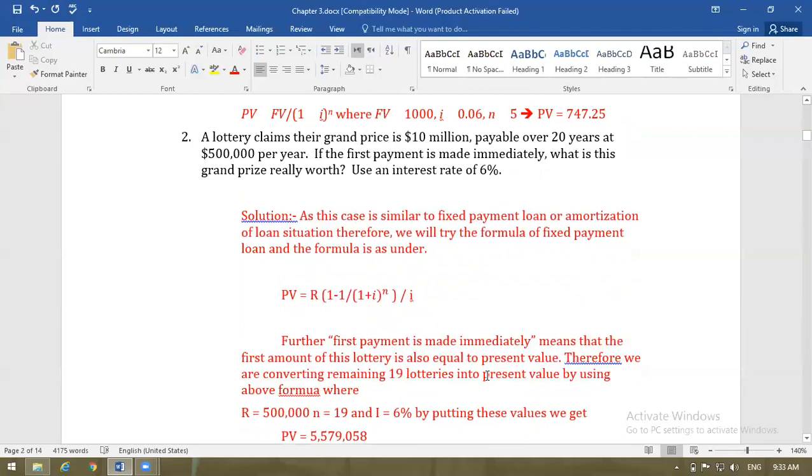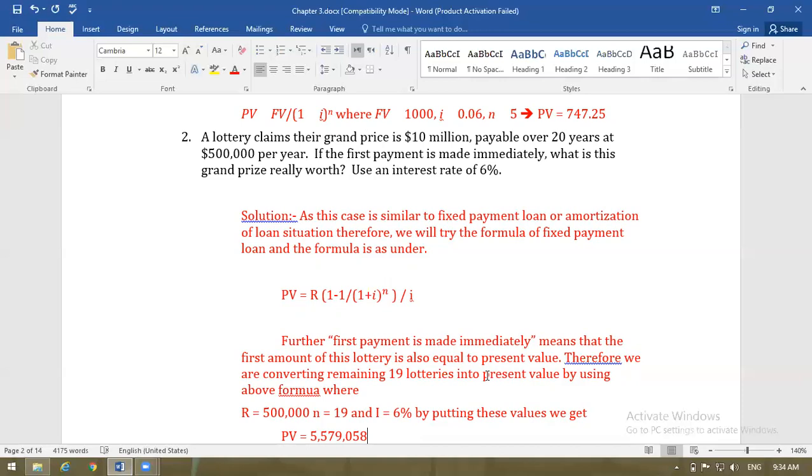Again, I am repeating the question and its solution. There is a lottery game which will distribute 10 million among the winner over 20 years at the rate of 5 lakh per year. But the first payment is made immediately and the market interest rate is 6%. So what is the worth of this 10 million lottery game? As we know, this is the fixed payment loan case formula, and we are well aware of the formula, but the question arises about n is equal to 19.